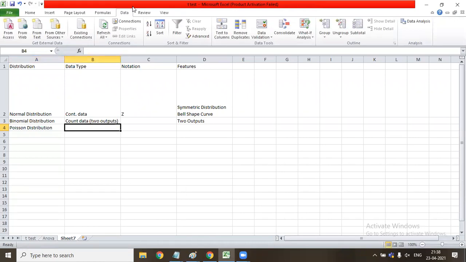Poisson distribution is... so okay, the use of this distribution.